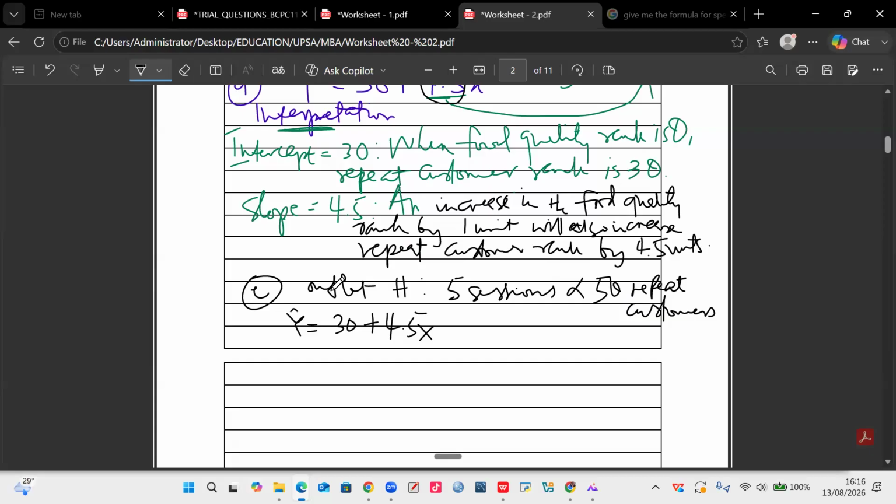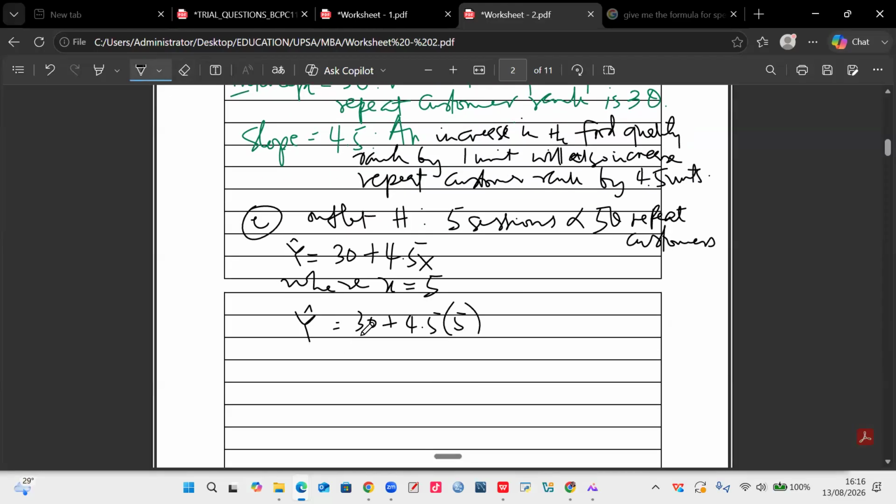For each, where x is equal to what? 5. So Y hat equals 30 plus 4.5 into bracket 5. Y hat equals 30 plus what?